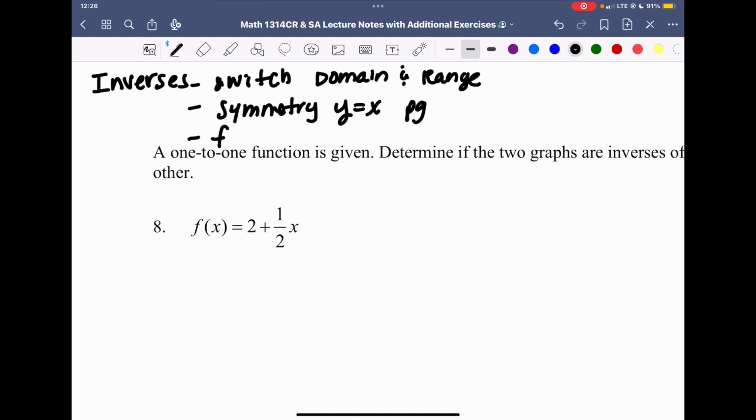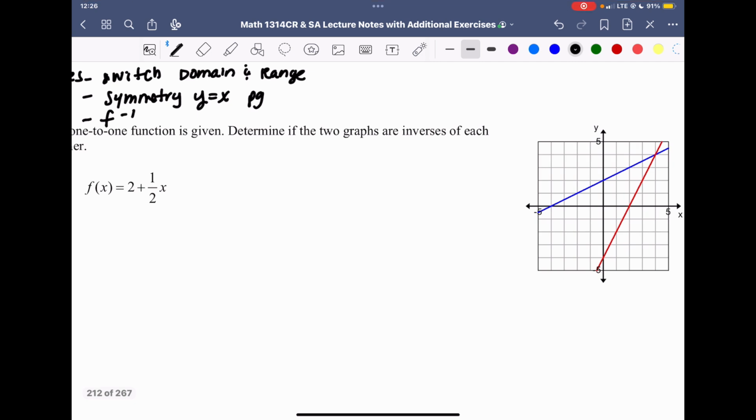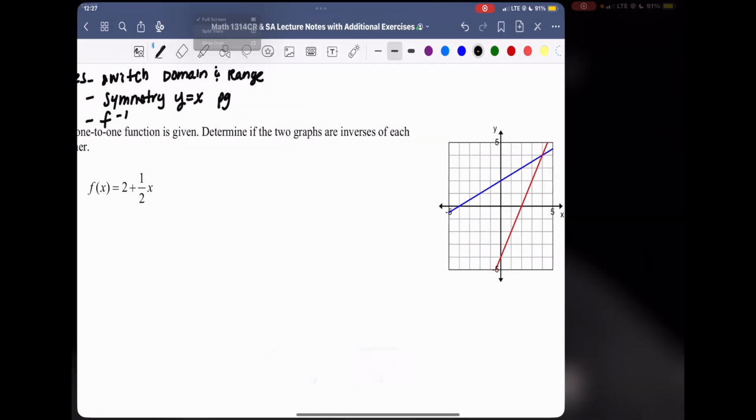The notation is also for inverse, f raised to negative 1. So you have f of x, then you have some points. It does matter the graph. We've got to determine which one is which. I'm going to graph this for you.